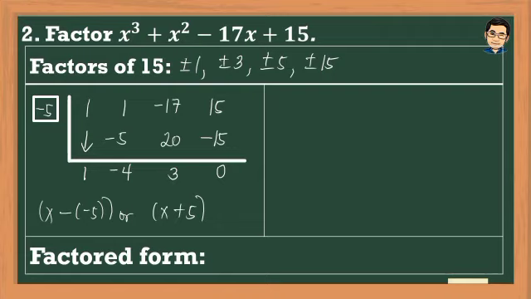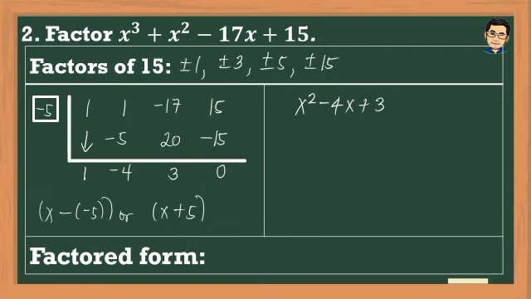Next, yung natira na 1, negative 4, 3, transform natin into polynomials. So x squared minus 4x plus 3. So bakit x squared? It's because yung highest degree ng ating given polynomial is 3. So kapag ganun po, nagma-minus 1 lang po tayo.